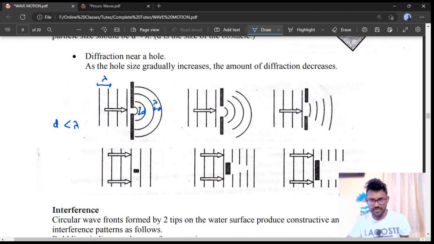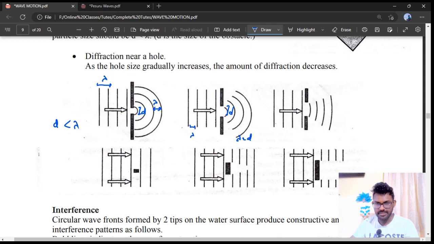Now if we consider this one, the lambda and this space d seem to be equal. The wavelength of the linear wavefront and the space between these two walls seem to be the same.